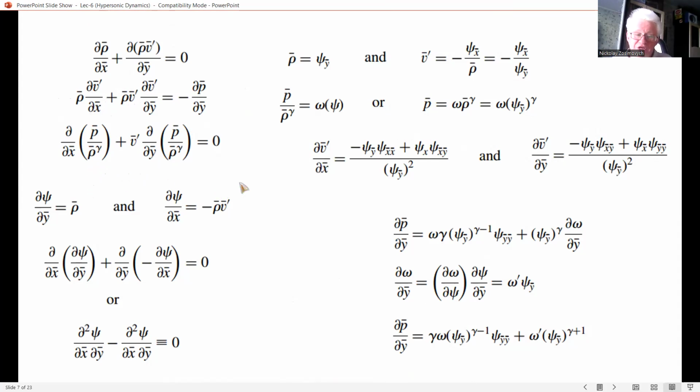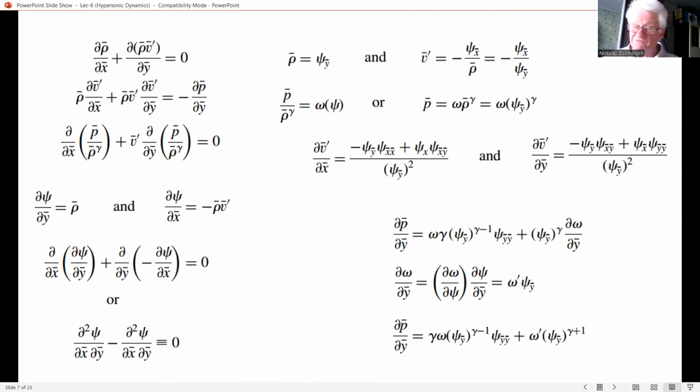However, this system can be reduced to just one equation in terms of one unknown by introducing a stream function psi. Its form is this one: rho average times v average is the partial derivative of psi with respect to x average, and rho average times u average is the partial derivative with respect to y average, with a minus sign.